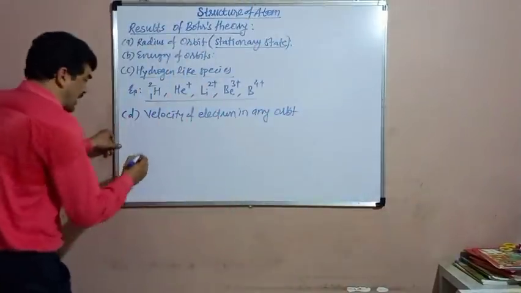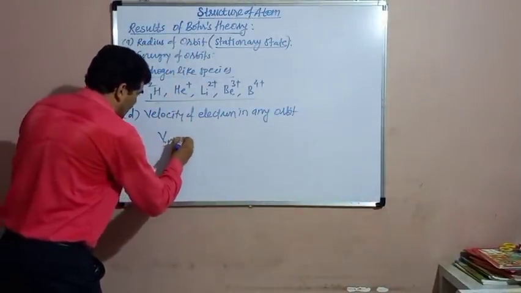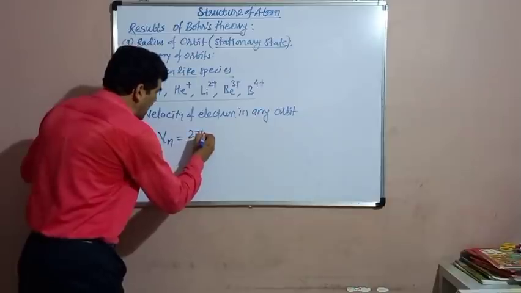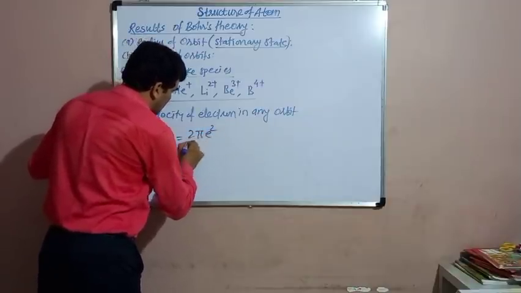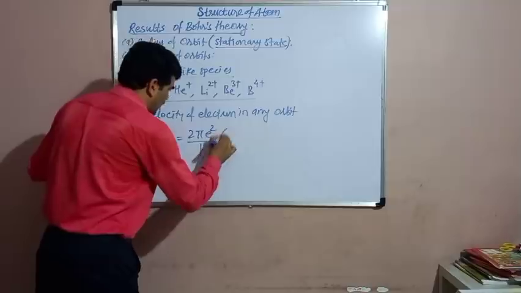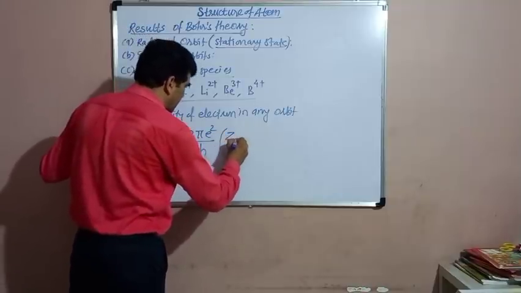And the formula to calculate the velocity is Vn equal to 2 pi e square by h into Z by n.